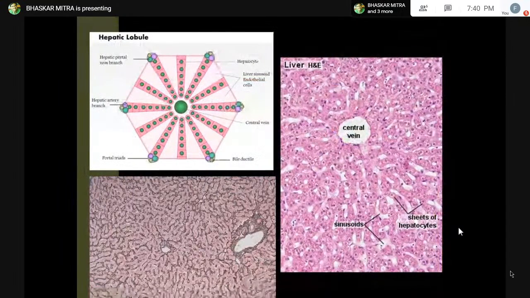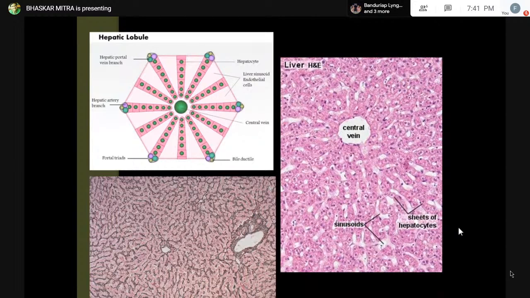Okay, in a normal liver, what are we seeing? We are seeing two things: epithelial component and mesenchymal component. In the epithelial component, what are we seeing? Two things: hepatocytes and biliary duct epithelial cells forming the ducts. As such, no other epithelial cells are there.